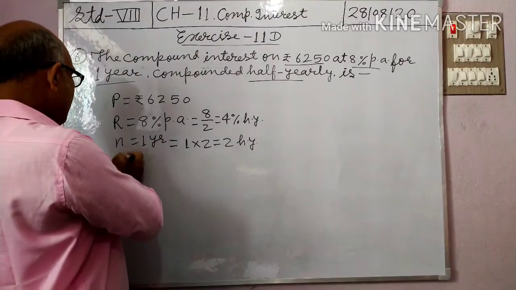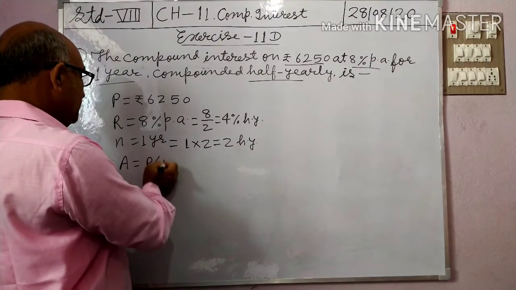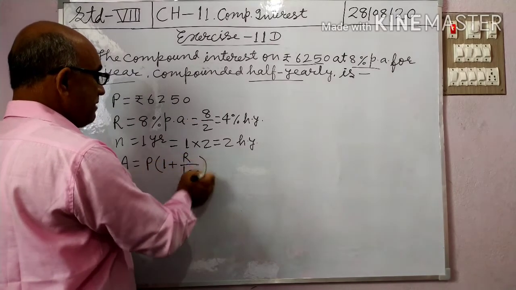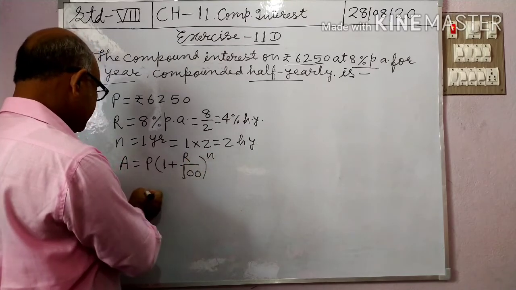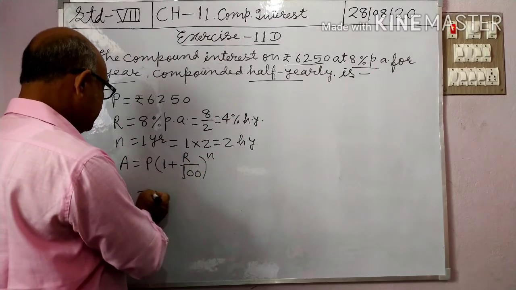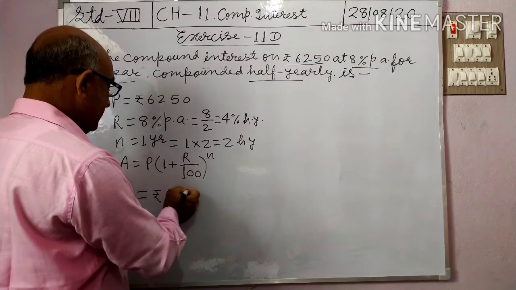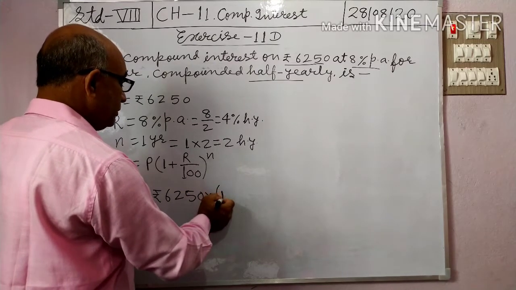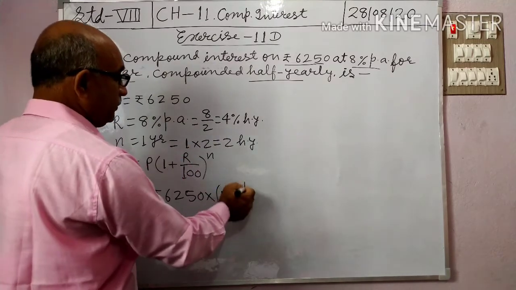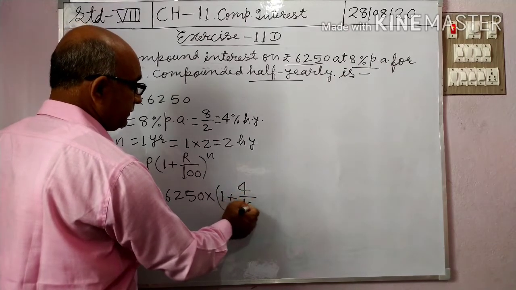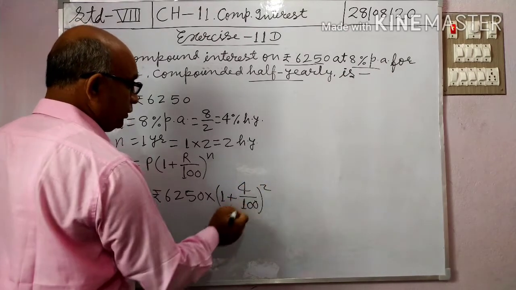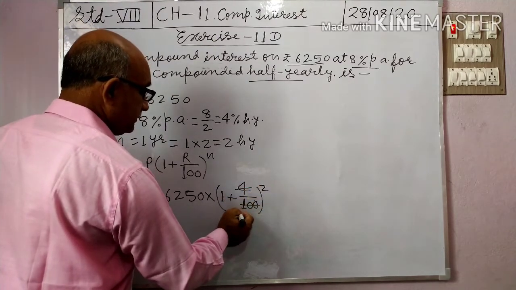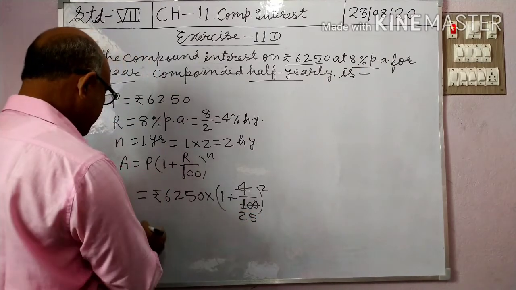Now find amount equal to P into (1 plus R by 100) to the power N, equal to rupees 6,250 into (1 plus R equal to 4%, so 4 by 100) to the power N equal to 2. 25 for the 100.